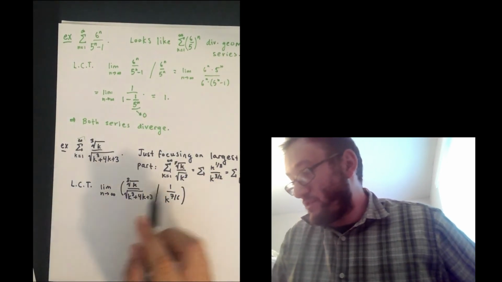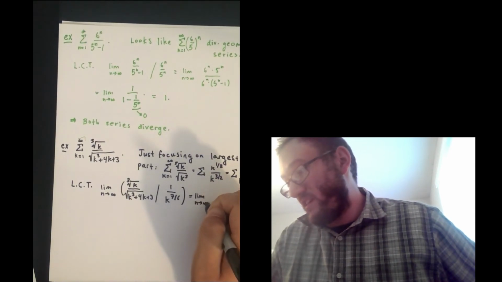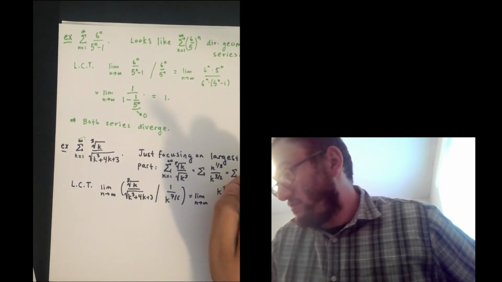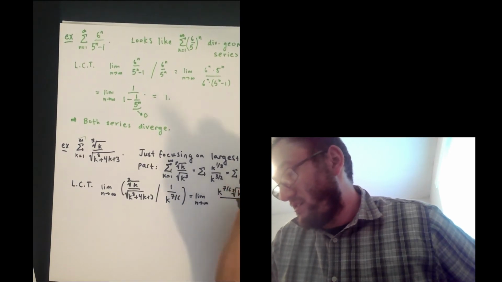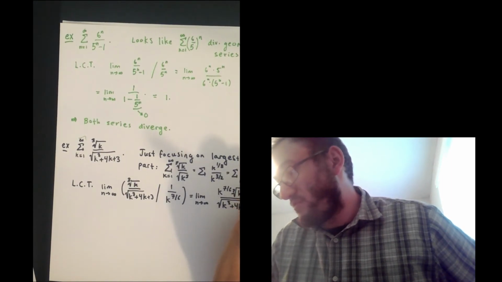And this is equal to the limit as k goes to infinity of k to the 7/6 times cube root of k divided by the square root of k cubed plus 4k plus 3.